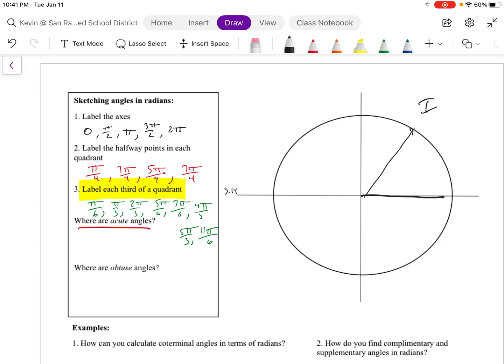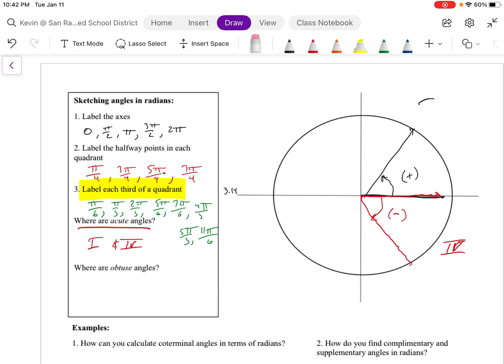So that would be in the first quadrant, if it is a positive angle. But we also have negative angles. So with the same initial point, we could also have it somewhere down here. This would be our negative angle. All right, so that's our fourth quadrant. So where do we find acute angles? We find them in the first quadrant and in the fourth quadrant.